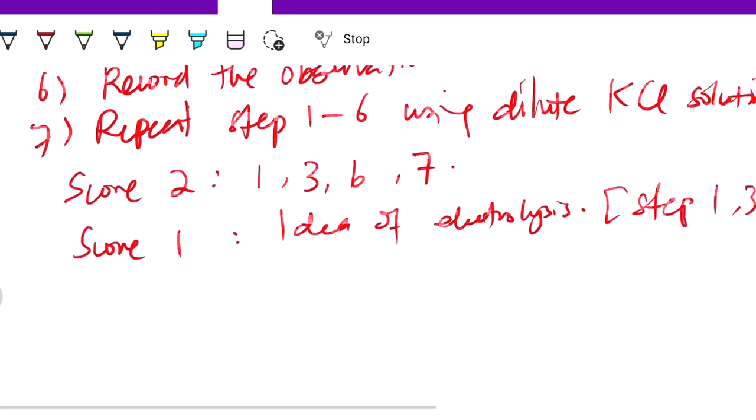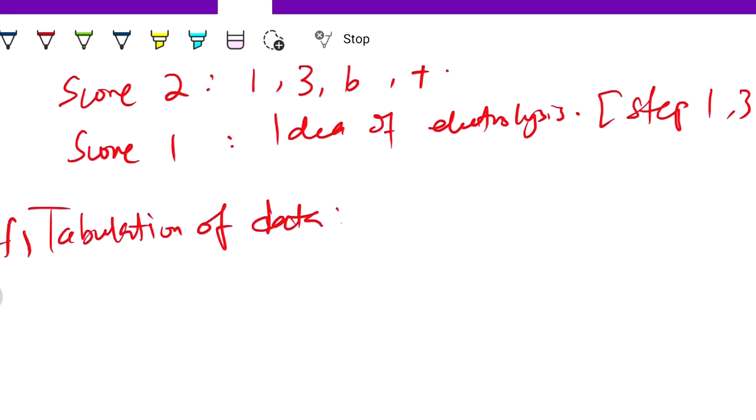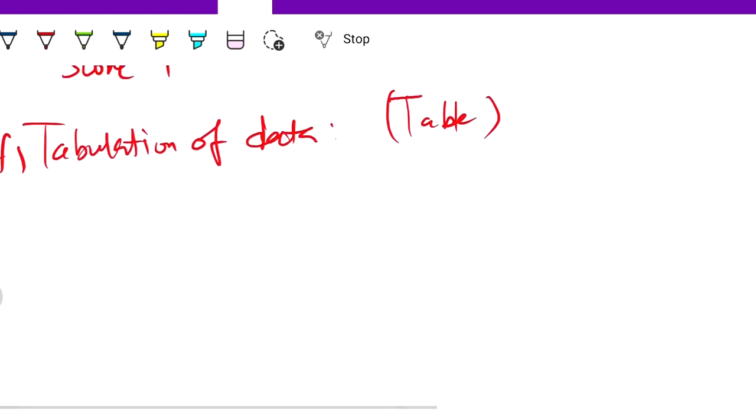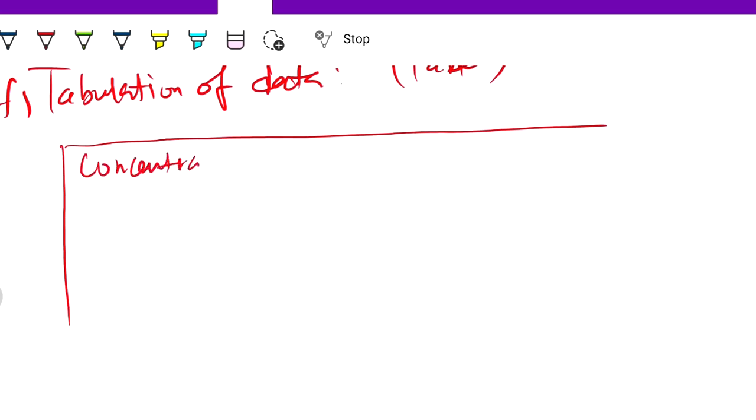Then finally is the tabulation of data. So the tabulation of data must be a table. Draw a table. Our MV is the concentration of potassium chloride solution.